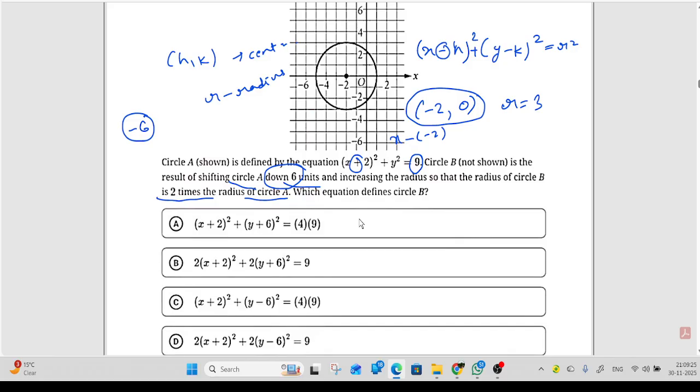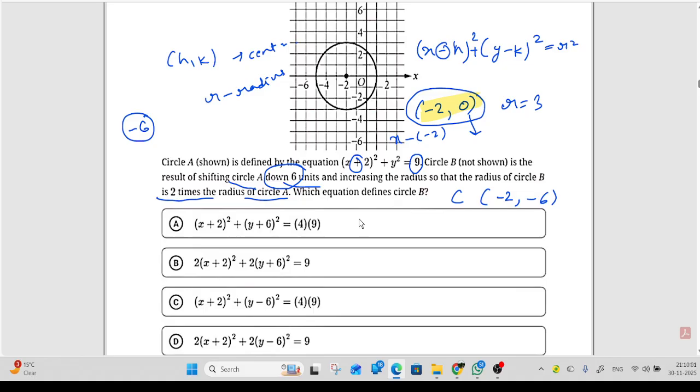So the x coordinate remains the same, but the y coordinate of the center changes from 0 to negative 6. So the new center is negative 2 comma negative 6, after shifting down 6 units. The x coordinate remains the same.